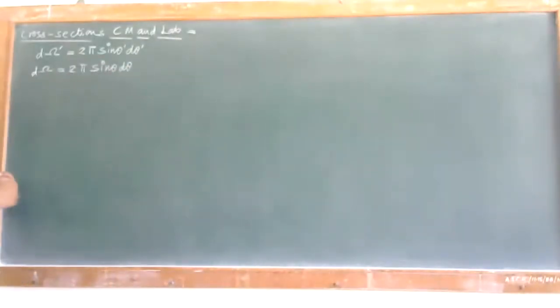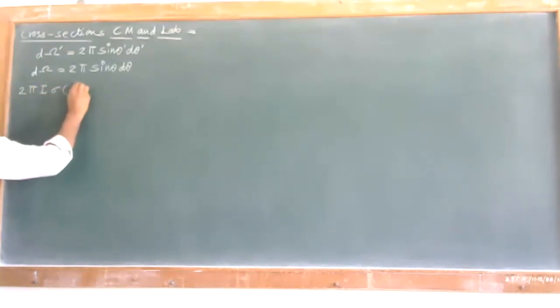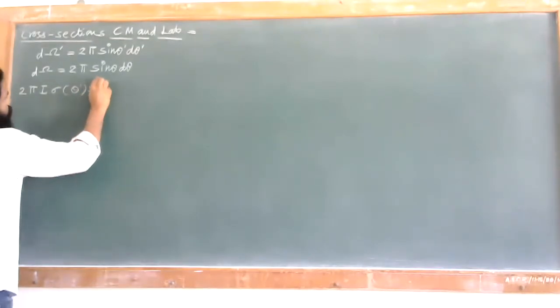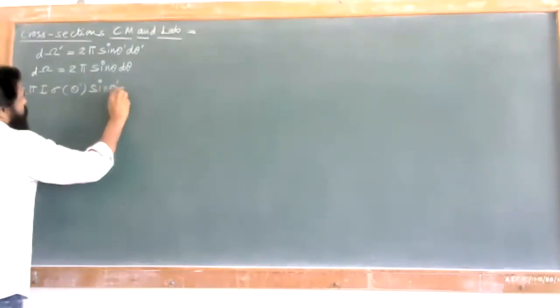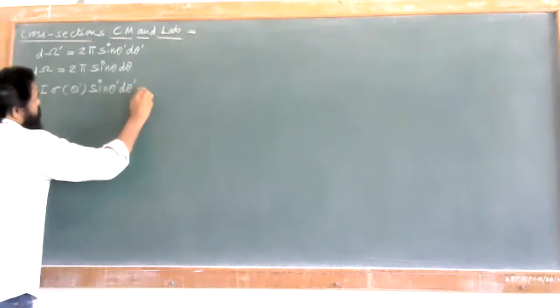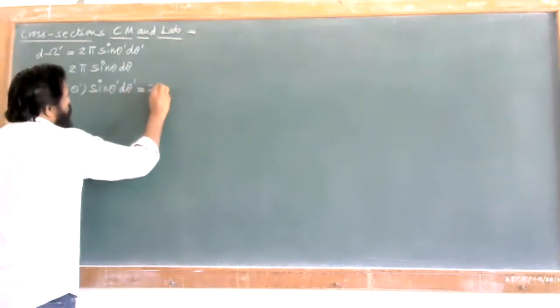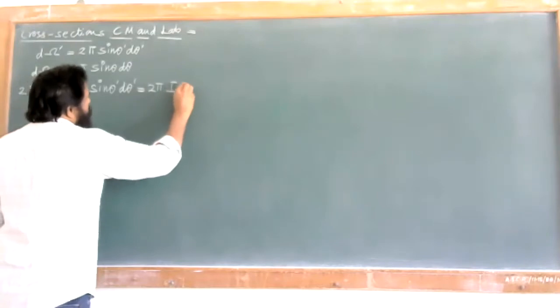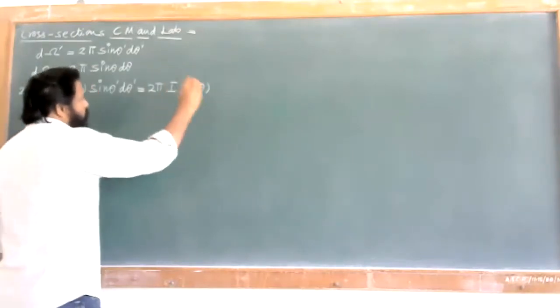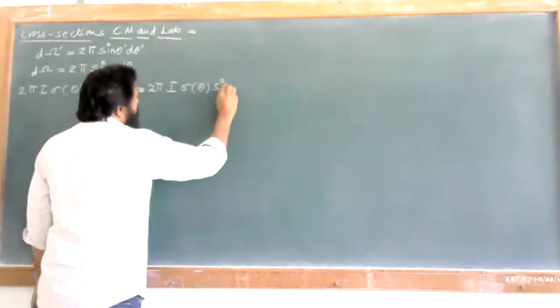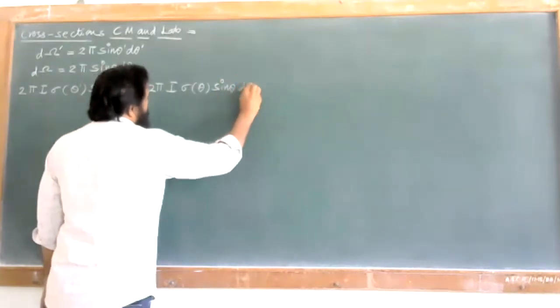As the number of particles which are scattered through the center of mass and laboratory frames are the same, we can write the number of particles as 2 pi r sigma theta dash sine of theta dash d theta dash, and that must be equal to 2 pi r sigma theta sine of theta d theta.